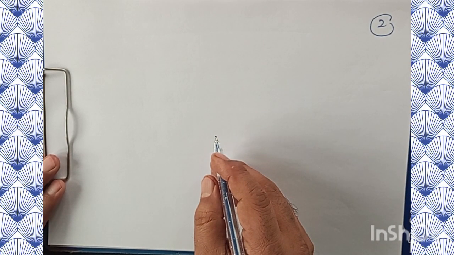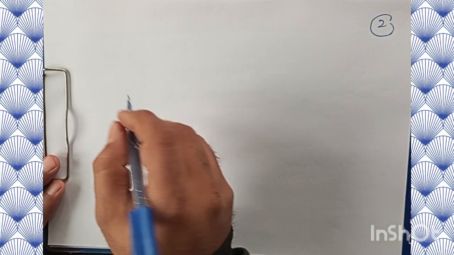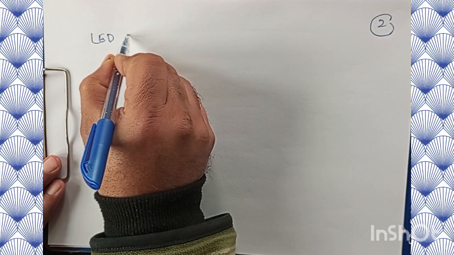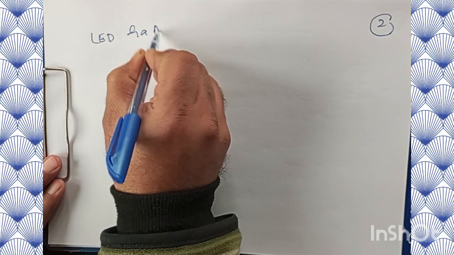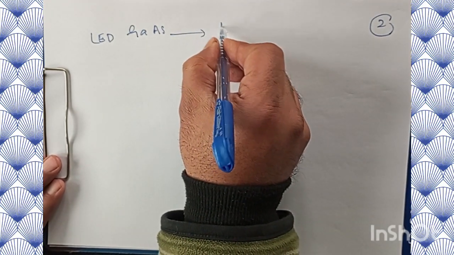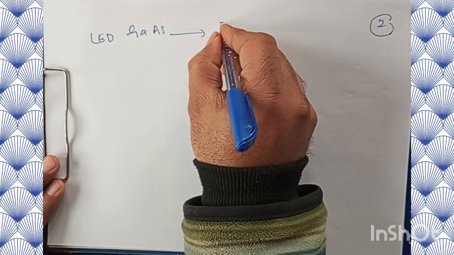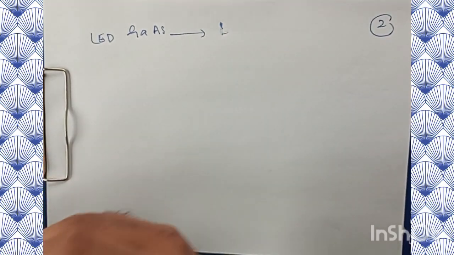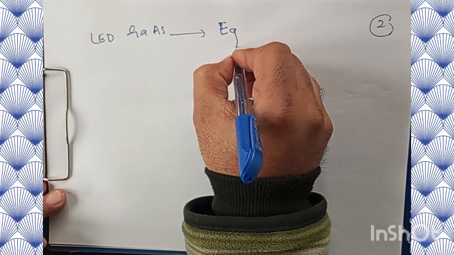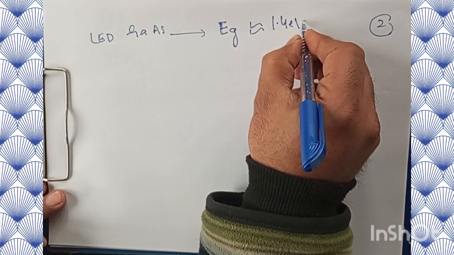So in moving forward, the LEDs that we have made of gallium, say for example gallium arsenide, have the band gap, the energy gap Eg, which is nearly equal to 1.4 electron volts.